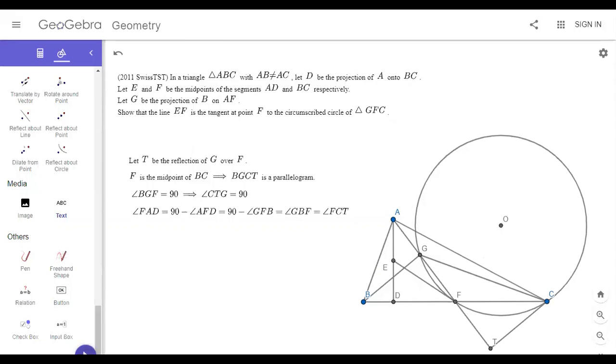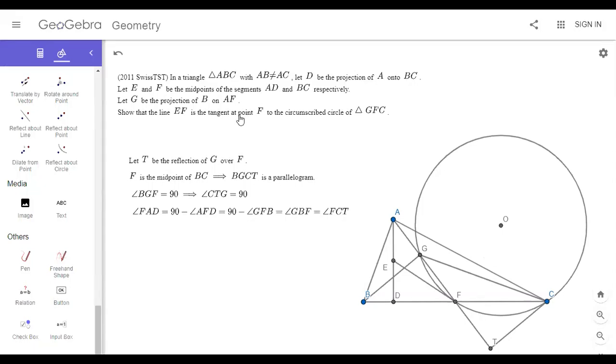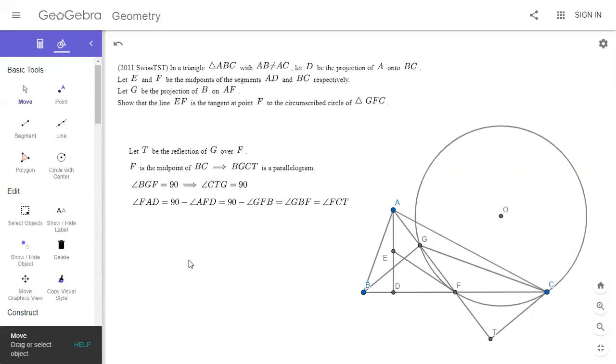Yeah, I think it might not be that obvious that those triangles are similar. Like, you want to show GCT is similar to AFD. Is that obvious? I thought it was obvious for a second, but I don't. Maybe not.